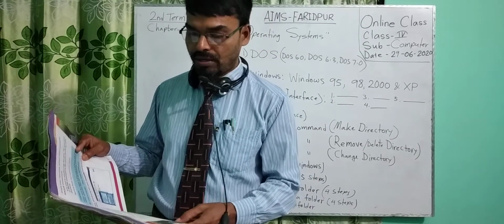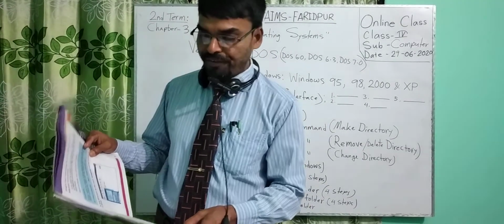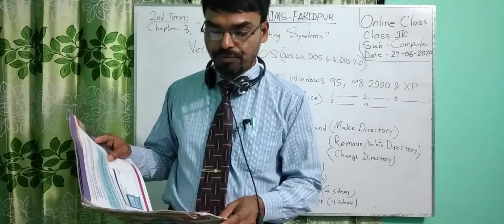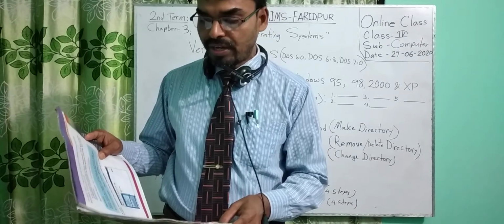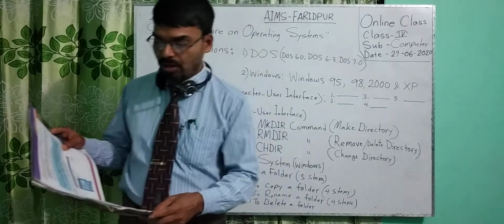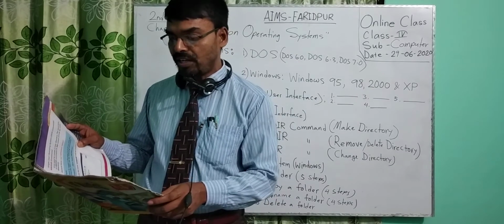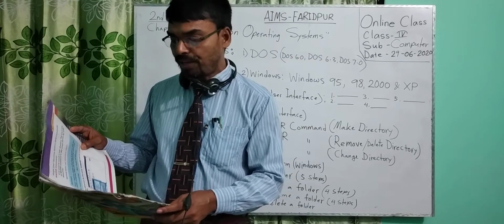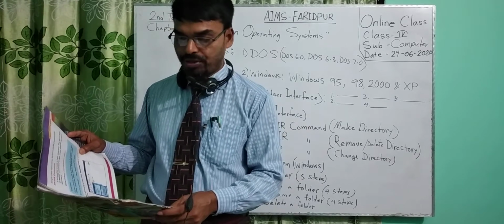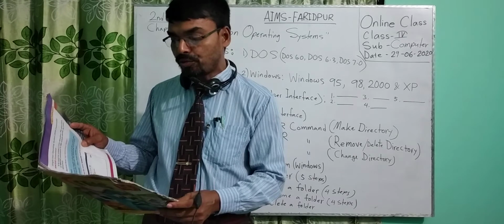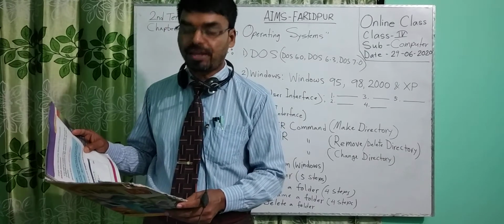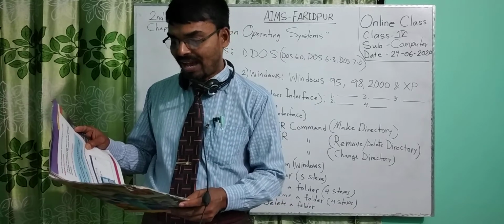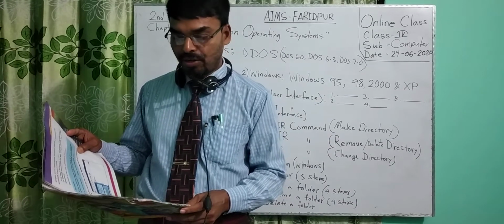Graphic user interface. Number 1, a graphic user interface is a method of interacting with the computer through direct manipulation of graphic images in addition to text. Number 2, the mouse and the keyboard are used for input. Number 3, the user can use the mouse and the keyboard to point to a particular point on screen and click on icons and objects.